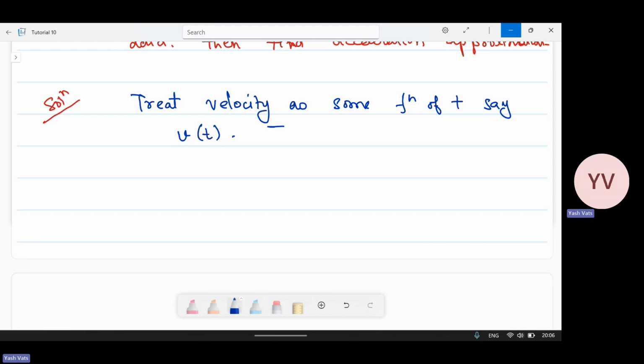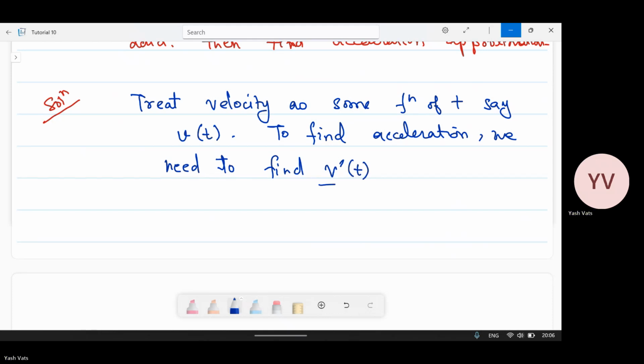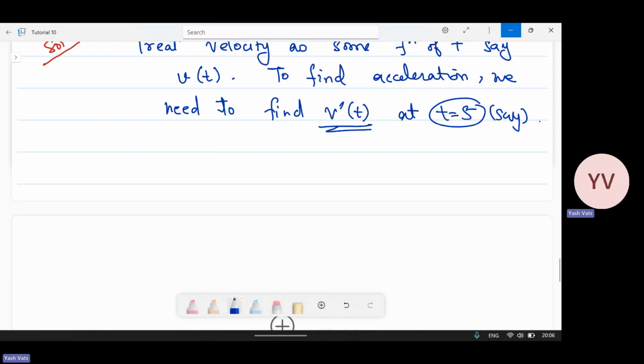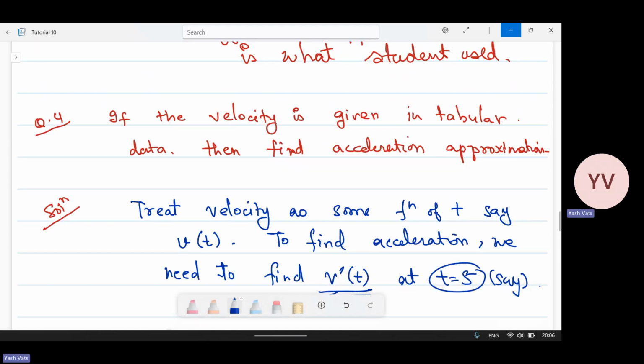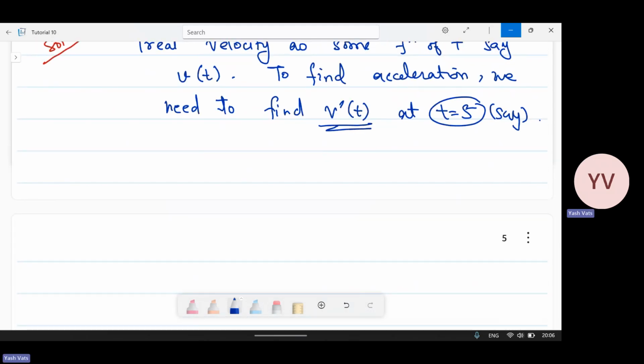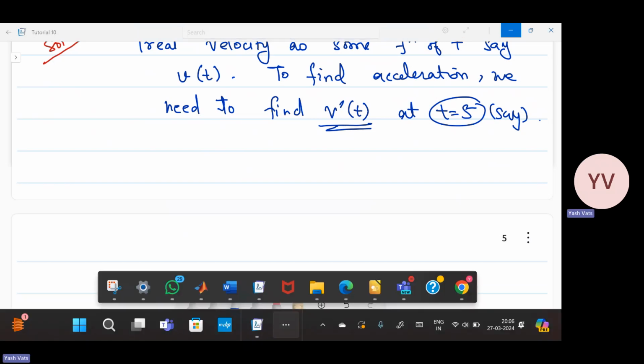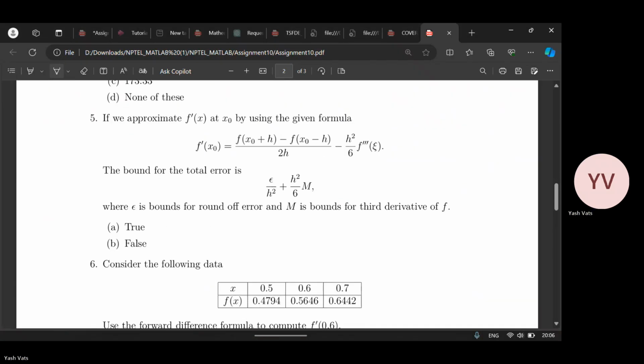To find acceleration, we need to find v'(t), say at t equals 0.5. I'm not sure this works, but this is the way you do it, like you have already done before.